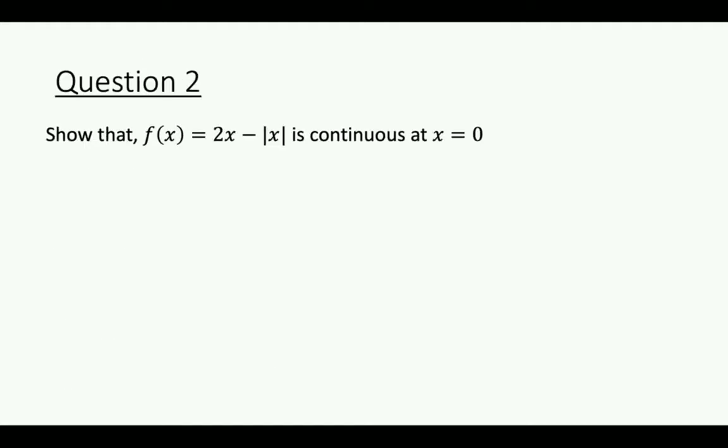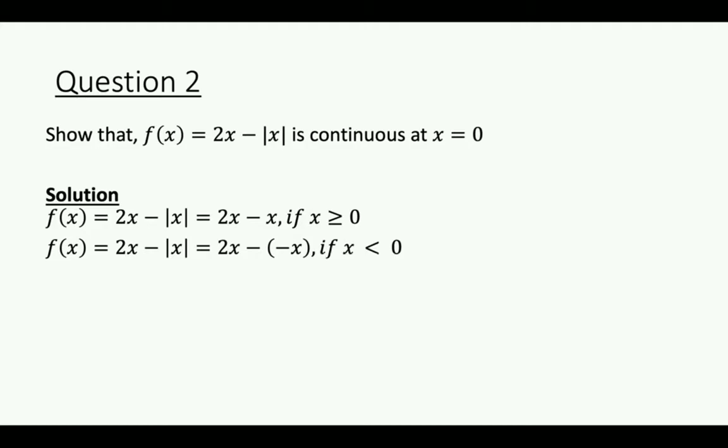Question number 2. Show that f(x) equal to 2x minus modulus x is continuous at x equal to 0. So first we will explain the modulus function. f(x) equal to 2x minus modulus x equal to 2x minus x if x greater than or equal to 0, and 2x plus x if x less than 0.